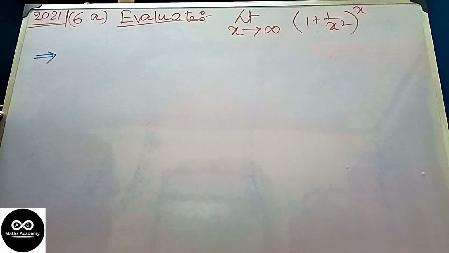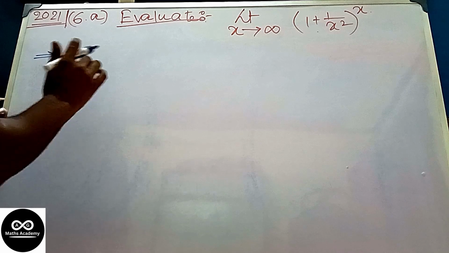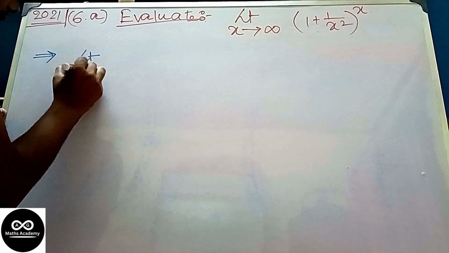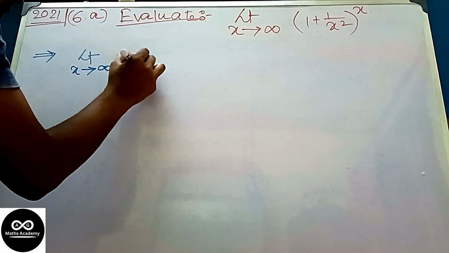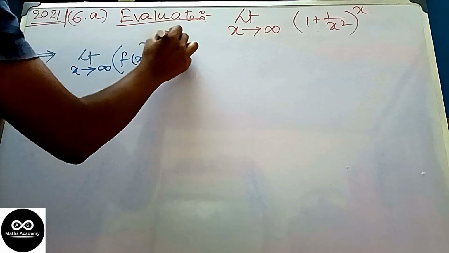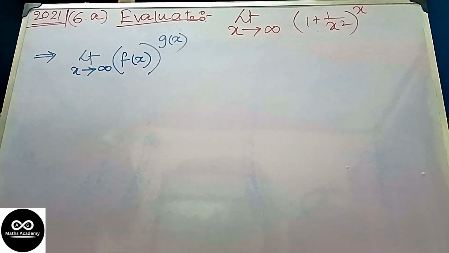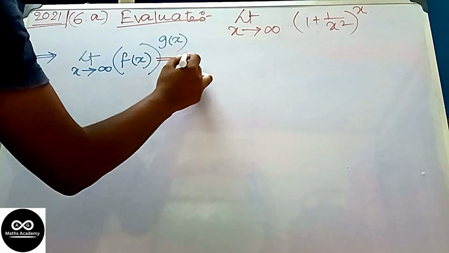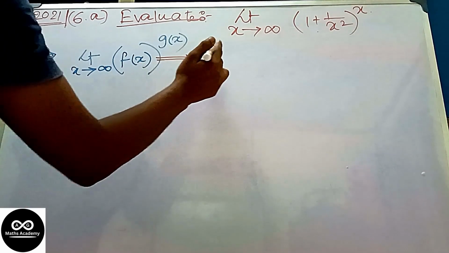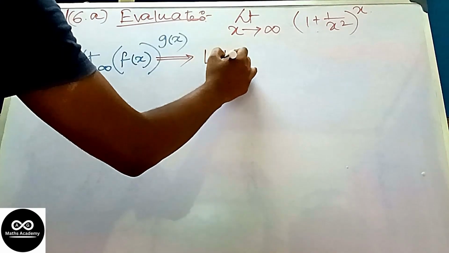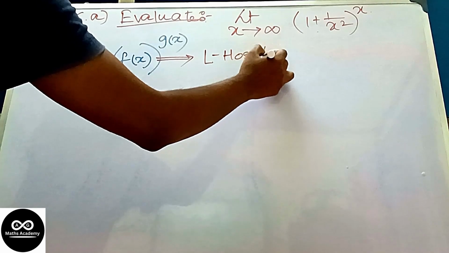What I meant to say is, if you see any limit which is in the form of this, I think L'Hopital rule is one of the easiest methods you can go for, for this kind of limits. So we're doing it with the L'Hopital method.